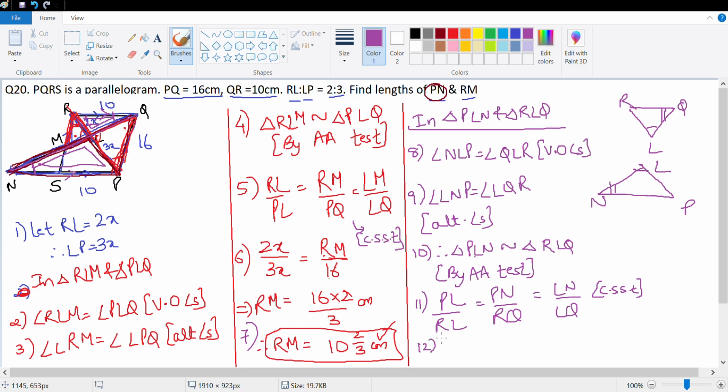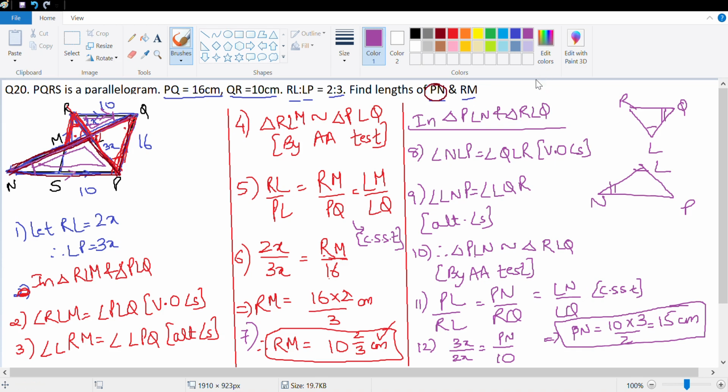PL is given equal to 3x. RL is given equal to 2x. PN is what we need to find. RQ is given equal to 10, which means PN will be equal to 10 into 3 upon 2, which is 15 centimeter. So I figured out the value of PN as well.